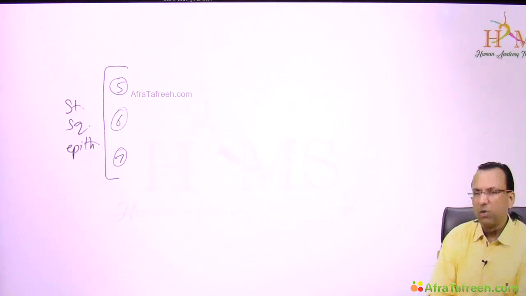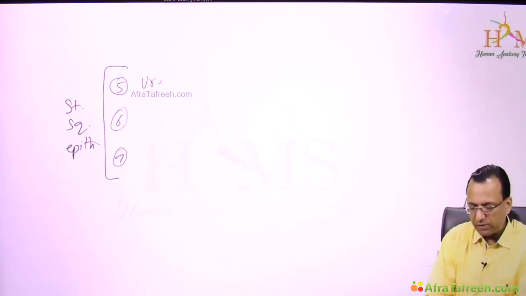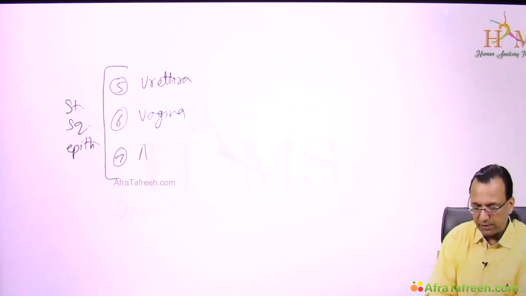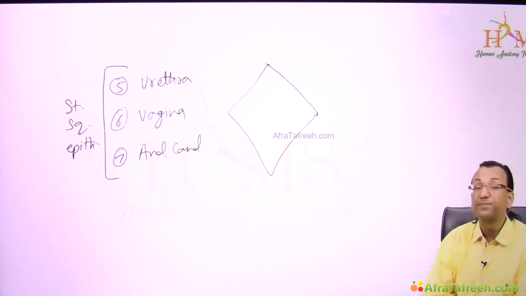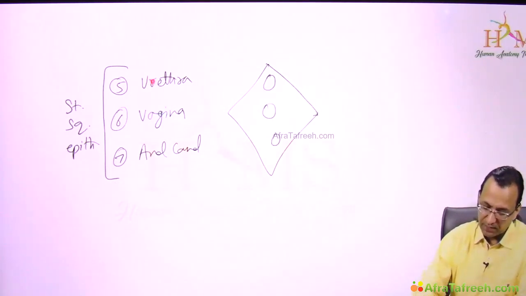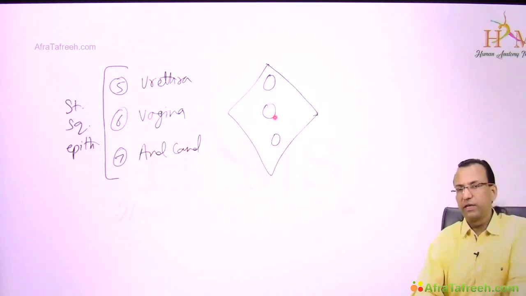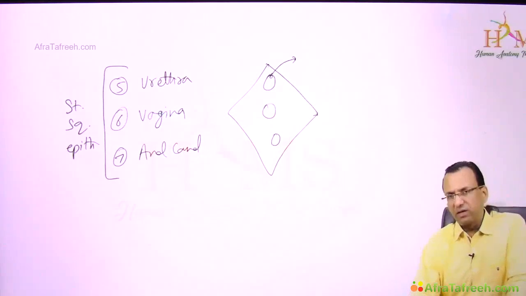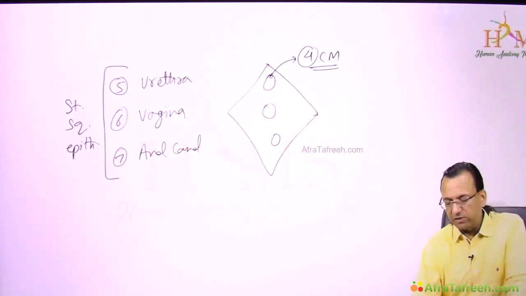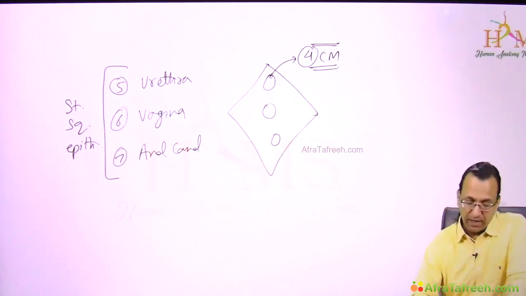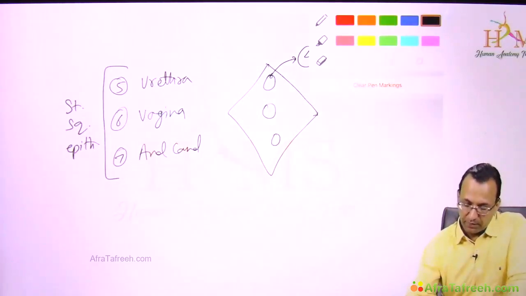And what are they? Now it is most anterior urethra, followed by vagina in the middle, and most posterior is anal canal. That you can draw in the female perineum like this. So what is most anterior? That is the urethra. And what is middle? That is vagina. And what is most posterior? Anal canal. Now understand, the urethra, especially the female urethra, which is only 4 centimeter in length, is almost entirely lined by stratified squamous epithelium.